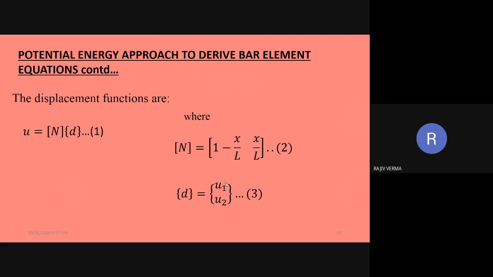Shape function basically is a row vector, a row matrix. The size is one row and two columns, whereas the displacement matrix happens to be of size two rows and one column. Obviously, these two can be multiplied together to find the value of displacement anywhere in the domain depending upon the value of x. And obviously, the multiplication of the two matrices is supposed to follow certain rules of matrix manipulation also.